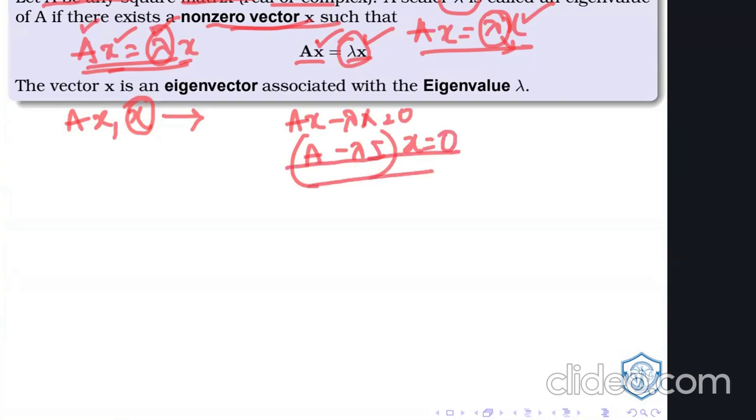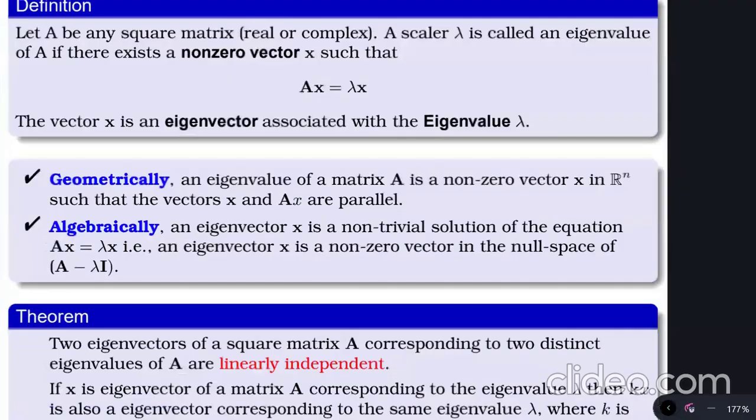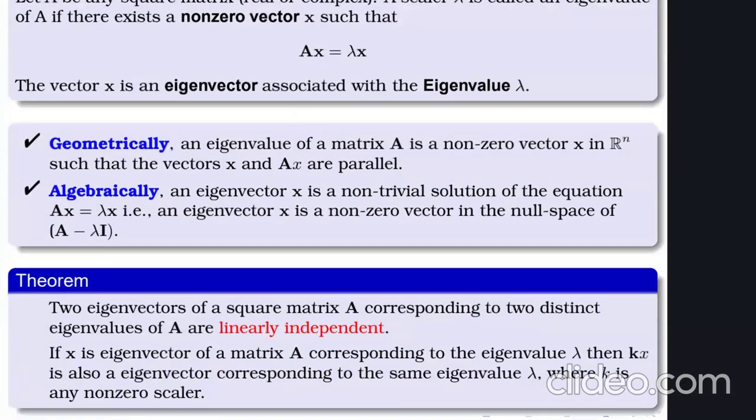This is a homogeneous system of equations and we are searching for a non-trivial solution. x, the solution, is the eigenvector. So the eigenvector is the non-trivial solution of the homogeneous system A minus lambda I equals 0, or in another way, x is in the null space of A minus lambda I. That is the geometric and the algebraic interpretation.